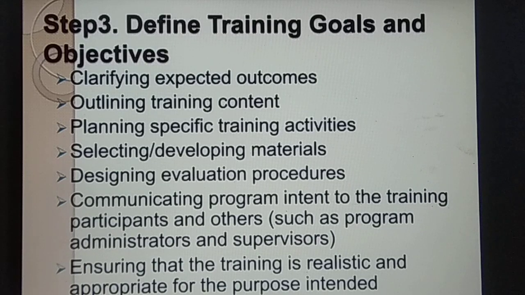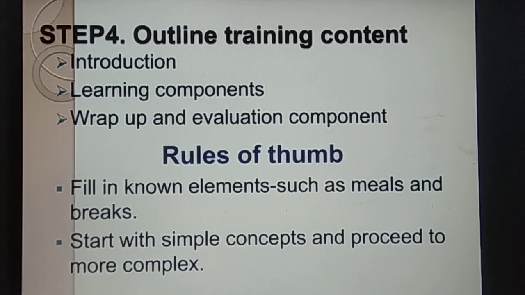So this is all about step 3, defining training goals and objectives. Designing evaluation procedures helps in communicating program intent to the training participants and others such as the program administrators and supervisors.